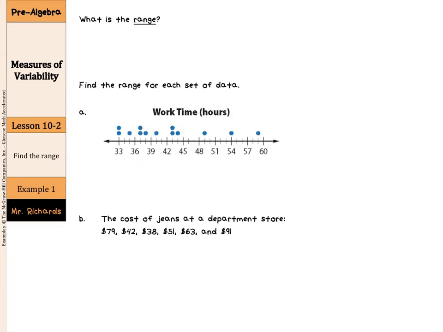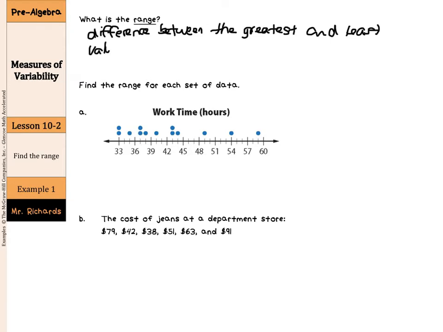Range can be defined as the difference between the greatest and least values of a data set.